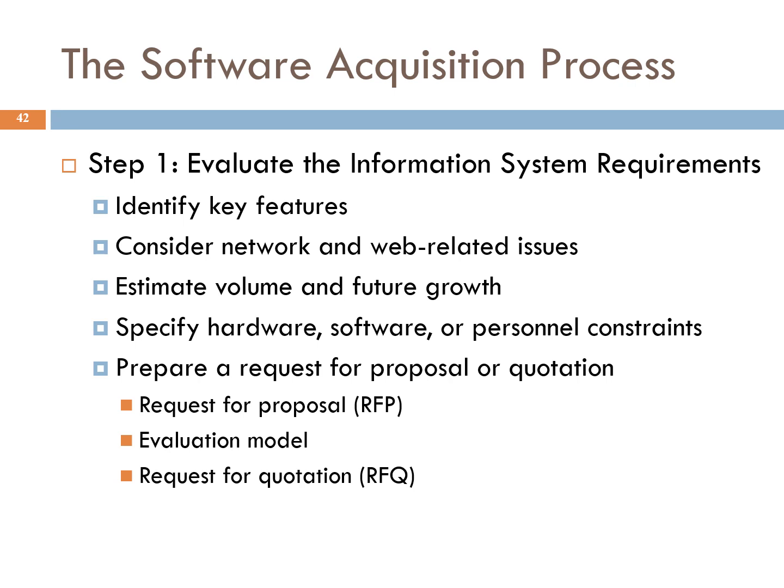What do you need? Who are your customers? How far are your customers? Do you have a lot of customers? What do you project to happen in 5 years or 10 years time? Specify the hardware, software, and personnel constraints for your company. Prepare a request for proposal or quotation.